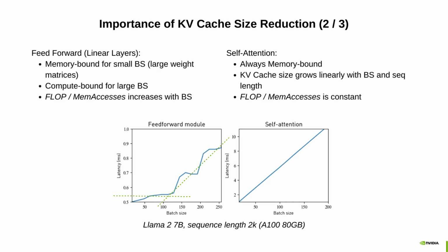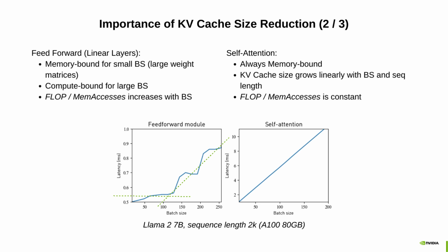Now, let's discuss memory and compute bounds in the context of text generation with transformers. As we know, in these models, most of the time is spent on computing linear layers and self-attention. Computation of linear layers is memory-bound for small batch sizes because each vector matrix multiplication requires retrieving large weight matrices from GPU memory.